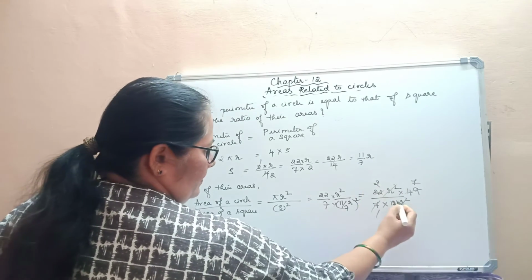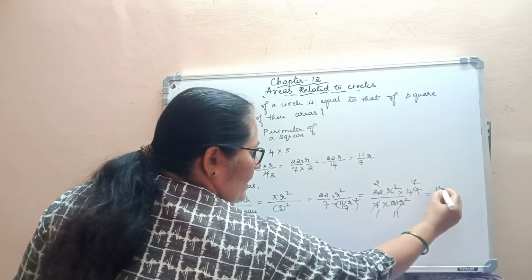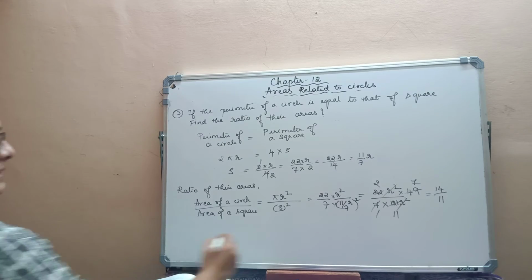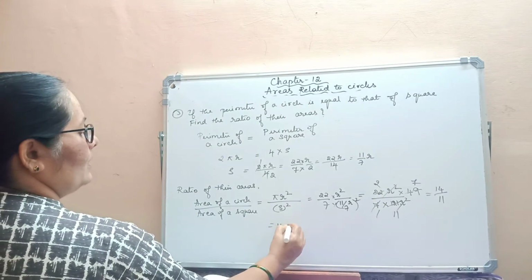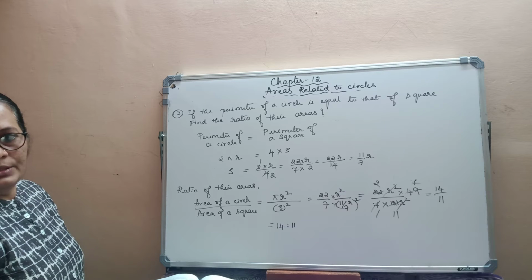So 14 by 11. Therefore, the ratio of their areas is 14:11. So the ratio of the area of a circle to the area of a square is 14:11.